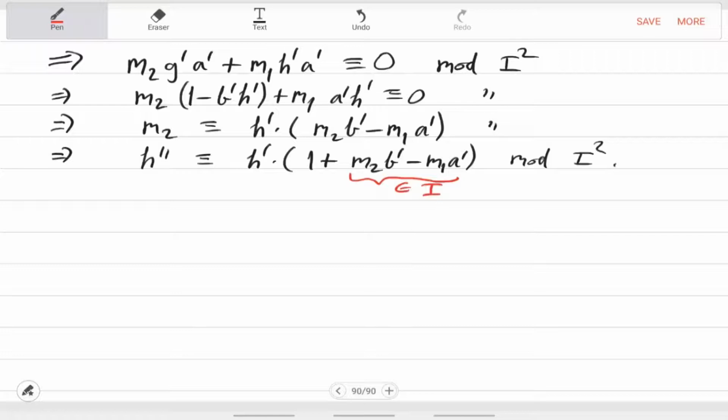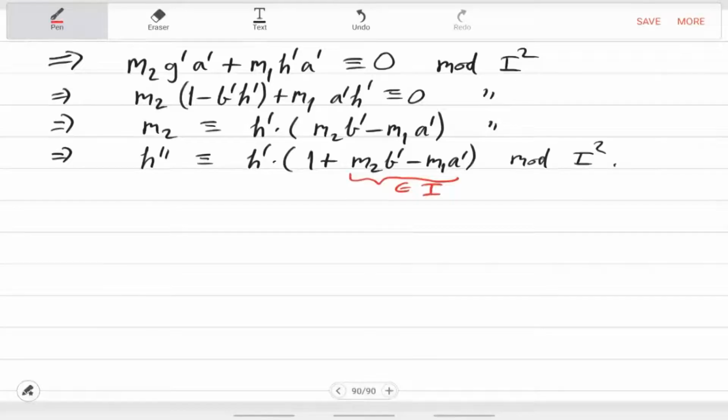So, what can you say about 1 plus I? This is actually a unit. What is the inverse of this? Yeah, so mod I square, it is a unit, because if it was 1 plus small i, then you multiply it by 1 minus small i, and that gives you 1. So, this is actually an invertible element. So, this whole thing is a unit.